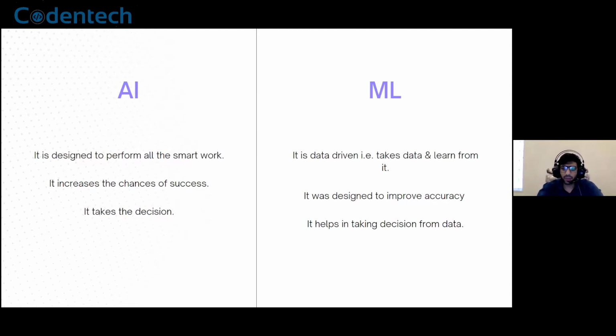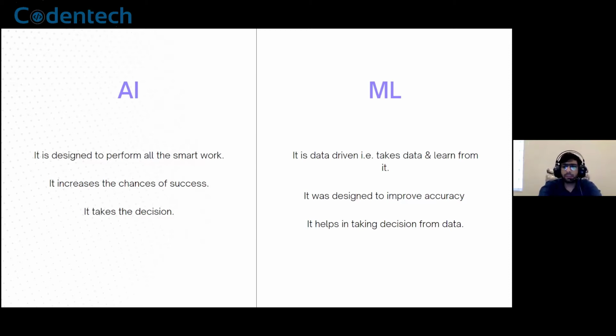While if you talk about the data, where does the AI get the answer, or where is the data from which it gives the answer? Here machine learning comes into existence, which takes data and is dependent on data. This data is used by AI to give us the results.